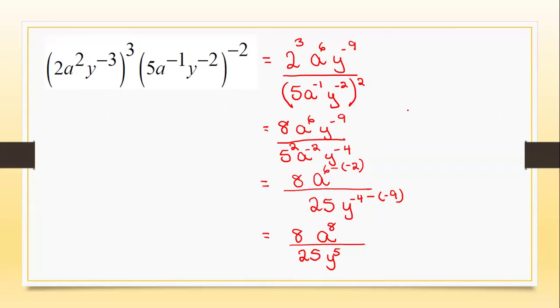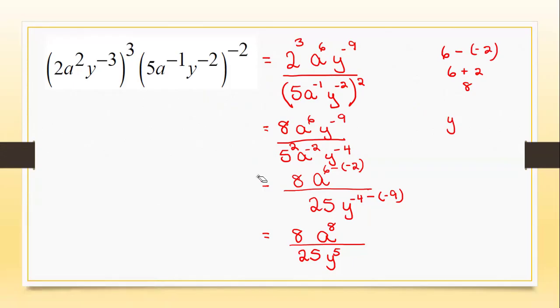Let's just make sure we got ours. We have 6, subtracting negative 2. Negative times a negative is a positive. That gives us 8. And then we have y.